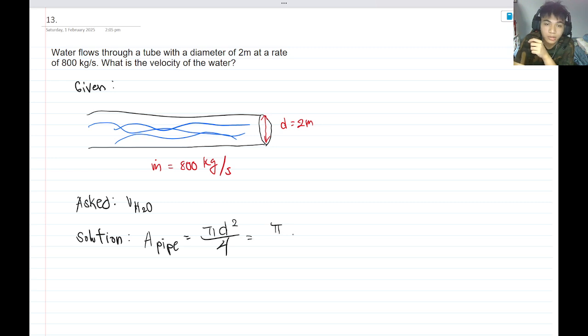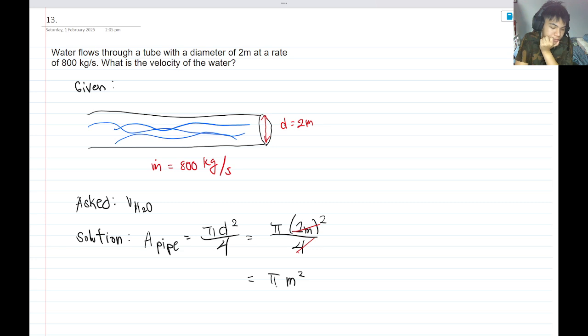So we have pi times 2 meter squared over 4. And ito makancel lang, except for the unit, of course. So, ang ating area is pi meter squared. Yeah?